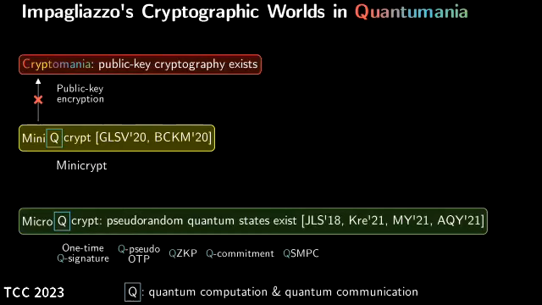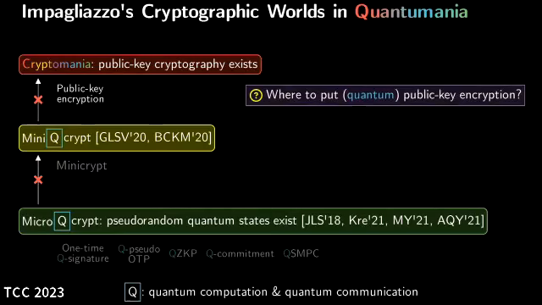And if you see the picture, again there's some black-box separation between MicroQCrypt and MiniQCrypt. And there's one remaining object in Cryptomania that has not been addressed before, which is public key encryption. So in this work, we ask the question of where to put quantum public key encryption.